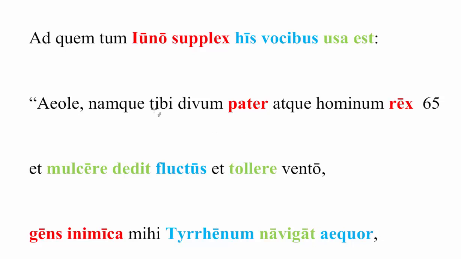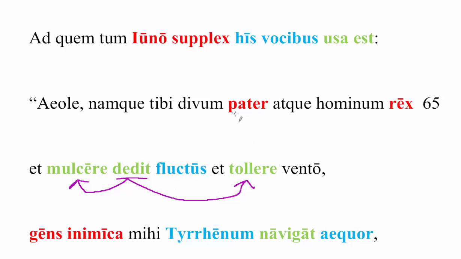To you, the father of the gods and the king of men, dedit. And here again, we see dare used with infinitives. And, as your note reminds you, this use of dare with infinitives doesn't mean give as much as it means something like has given the power or has granted the ability.